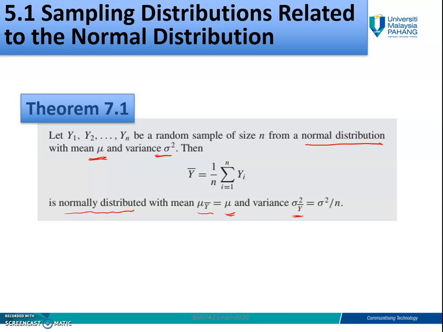That means if you have Y1, Y2 until Yn as a random sample from a normal distribution with mean mu and variance sigma square, then your sample mean distribution, this is your sampling distribution for Y bar, also follows a normal distribution with mu of Y bar equal to mu and variance equal to sigma square divided by n.